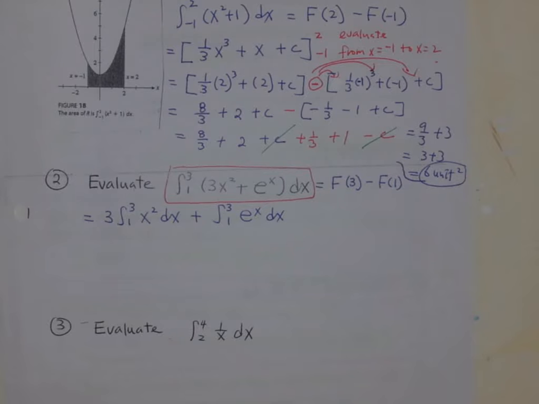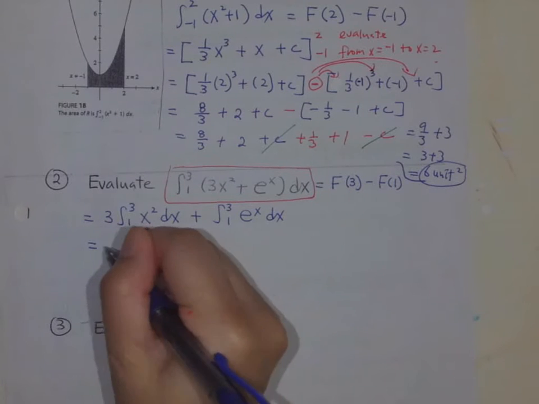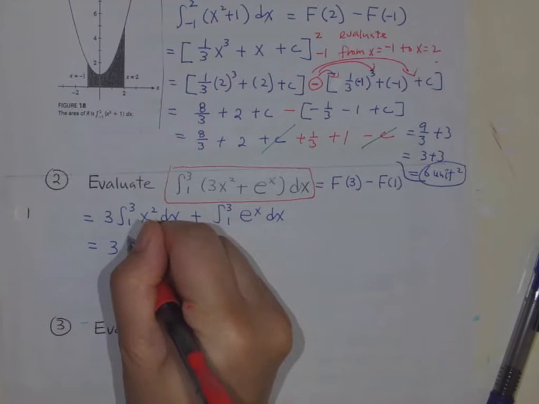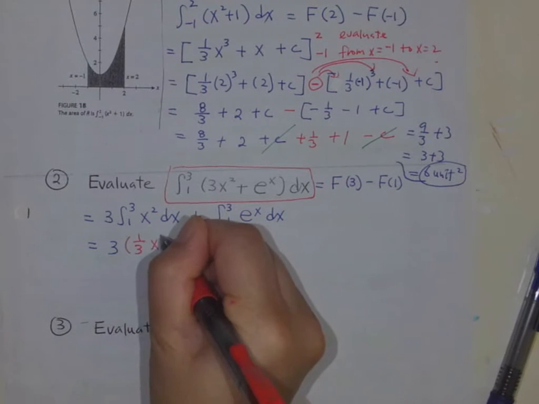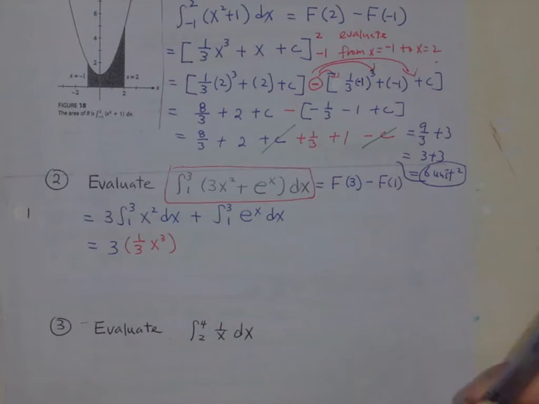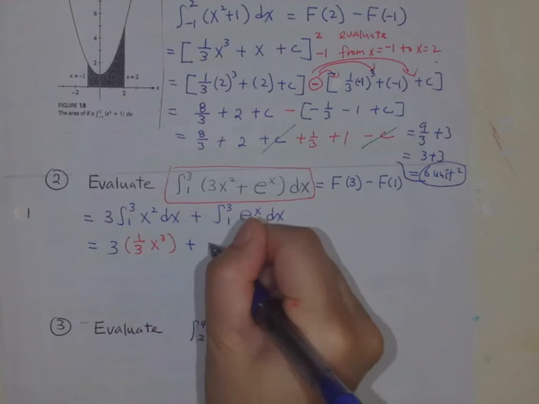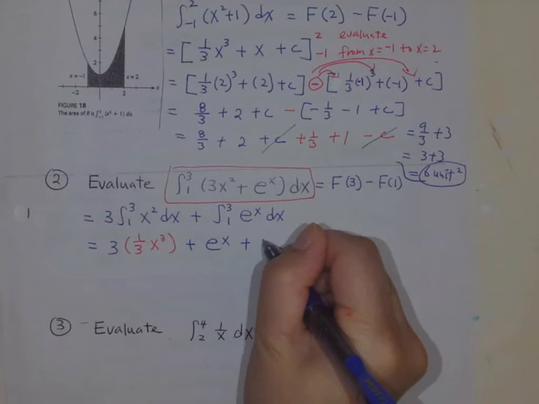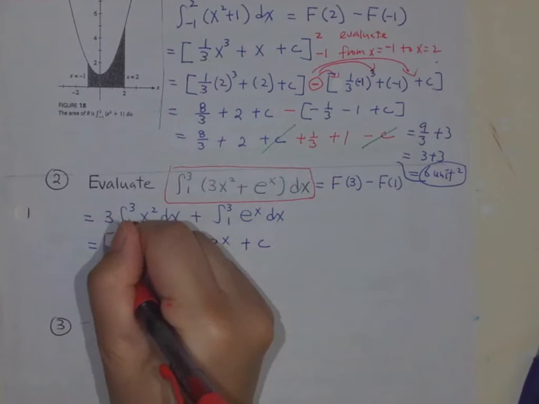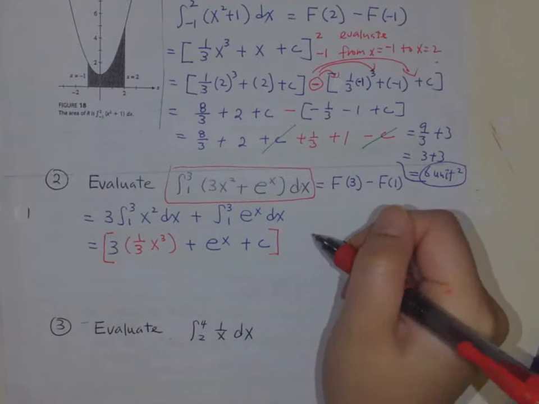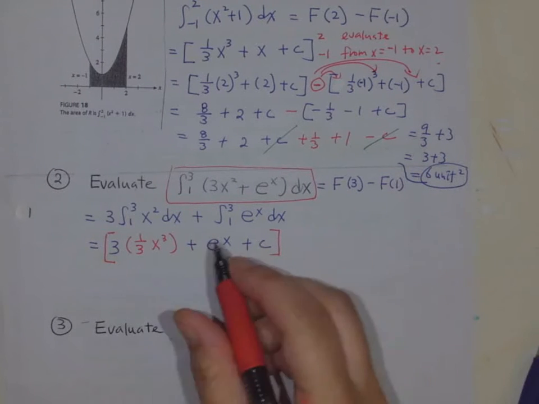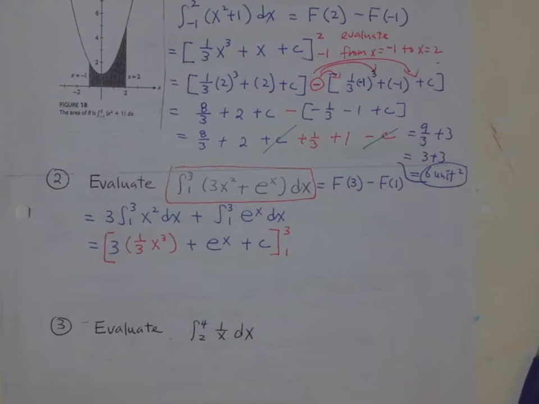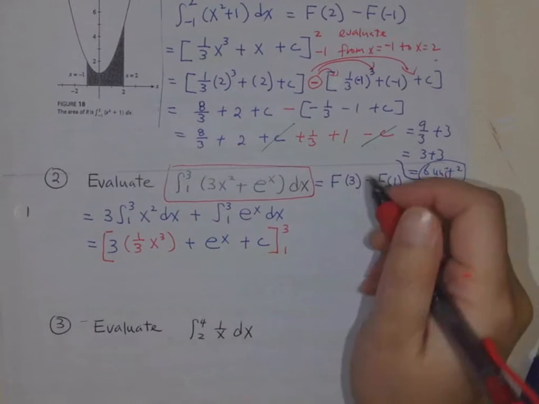This is going to give us, with the 3 here, the x squared will become 1 over 3 x cubed, and the e to the x is just e to the x, and normally we will add c. After we take the integral, because this one comes with the restricted area, we go from 1 to 3, meaning we plug in 3 and then subtract, plug in 1.